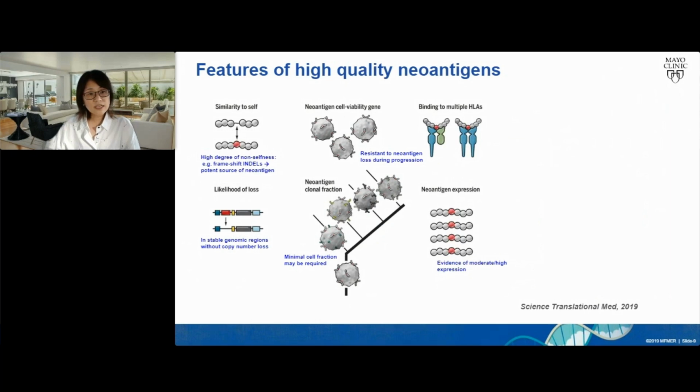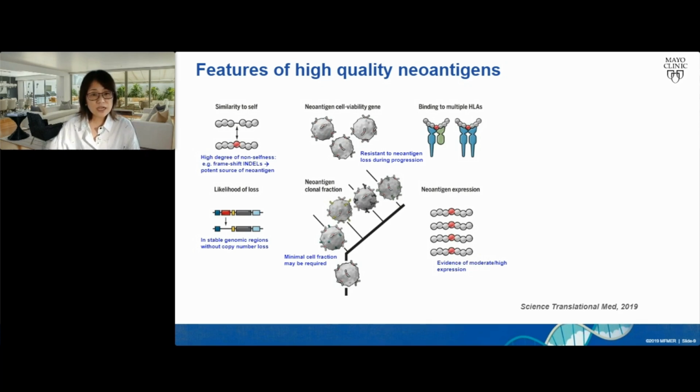The features that constitute high-quality neoantigens, from left to right, top to bottom, include, first, a high degree of non-selfness. For example, neoantigens from frameshift indels have higher degrees of non-selfness compared to peptides with a single amino acid change.